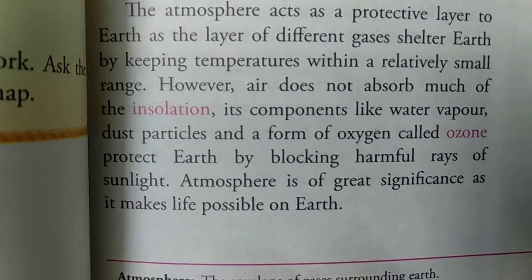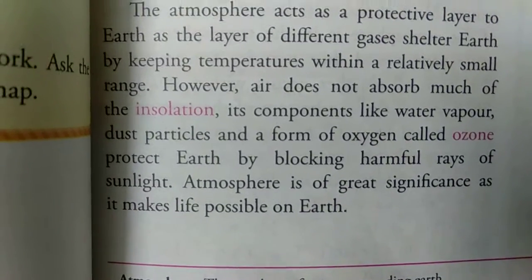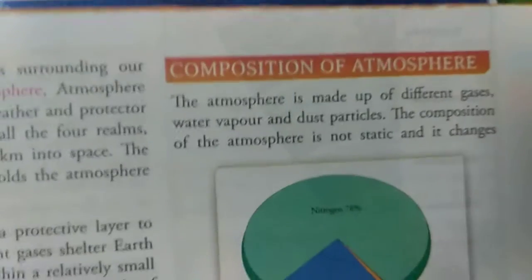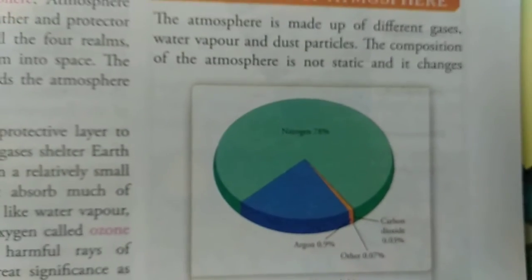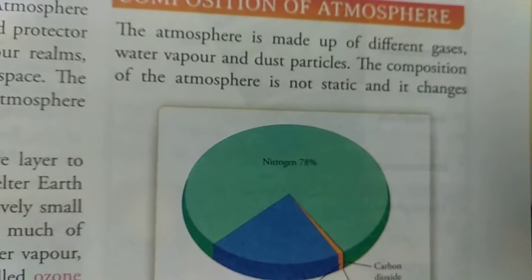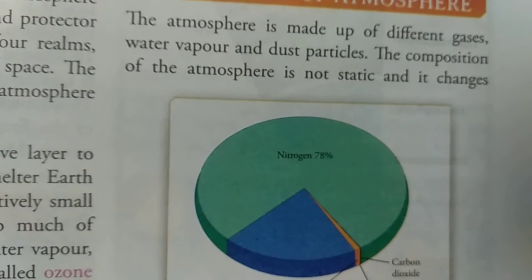Atmosphere is of great significance as it makes life possible on earth. Without atmosphere, no life would have been possible. The composition of atmosphere is different types of gases, water particles, vapors and dust particles.